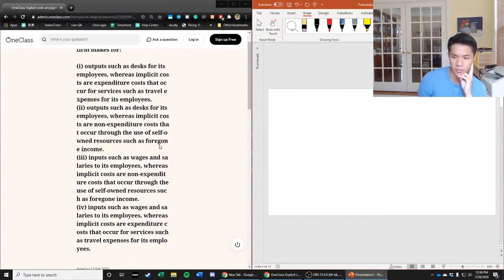Three, inputs such as wages and salaries to its employees, whereas implicit costs are non-expenditure costs that occur through the use of self-owned resources such as foregone income. And four, inputs such as wages and salaries to its employees, whereas implicit costs are expenditure costs that occur for services such as travel expenses for employees.